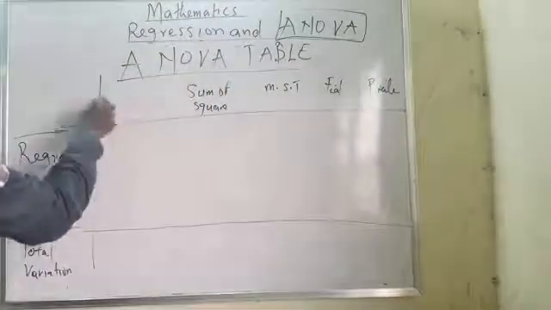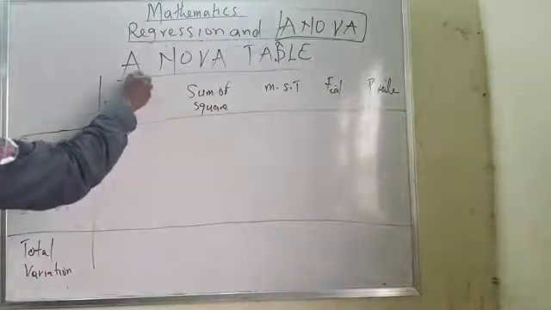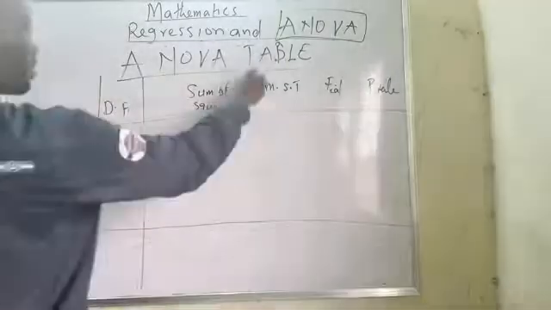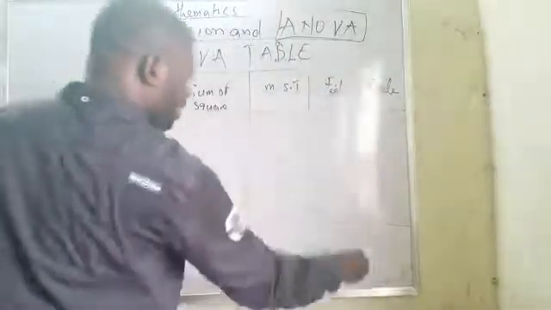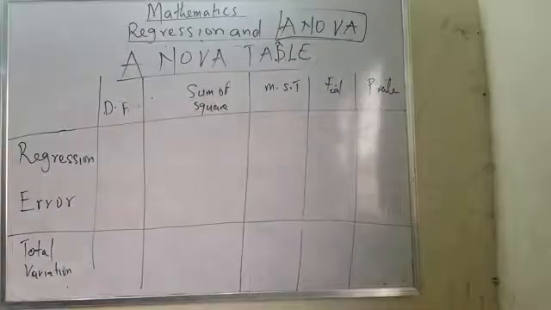Now that is how my ANOVA table looks. Degree of freedom is always like degree of freedom. Now, this is where the work is. You have to know this one very, very well, because this will tell you how it will be. Now, the first thing you need to understand is degree of freedom. How do I get my degree of freedom? I can put N minus 1.